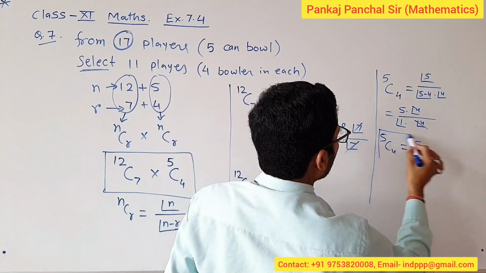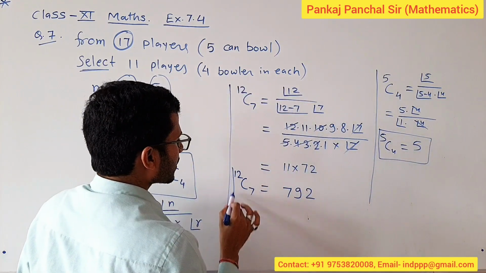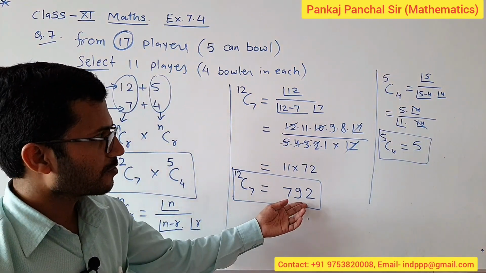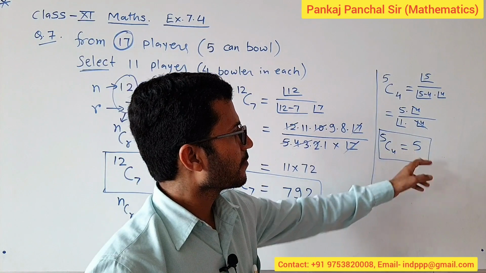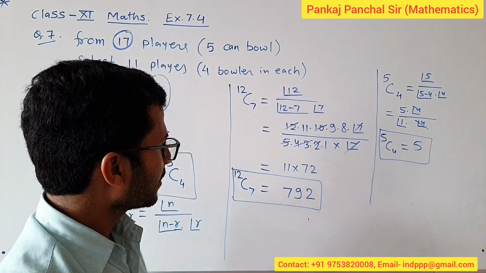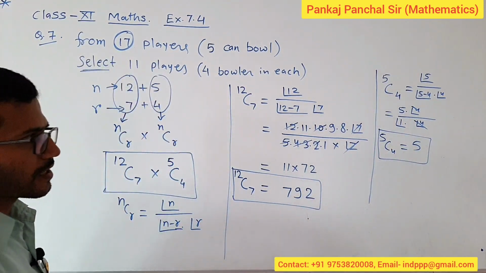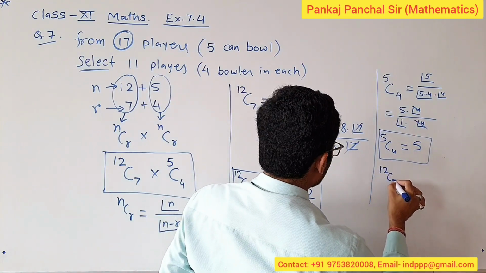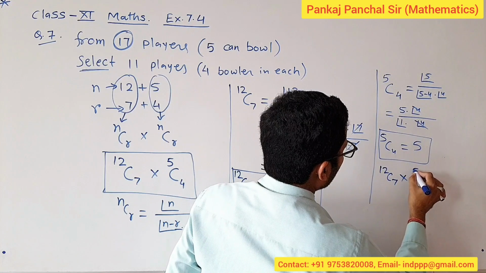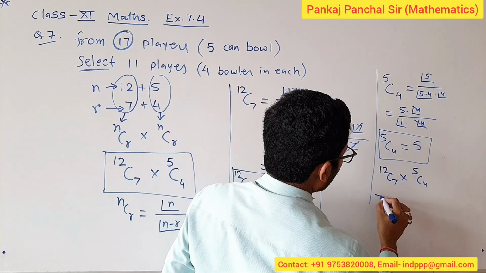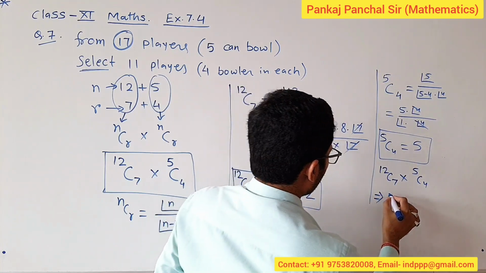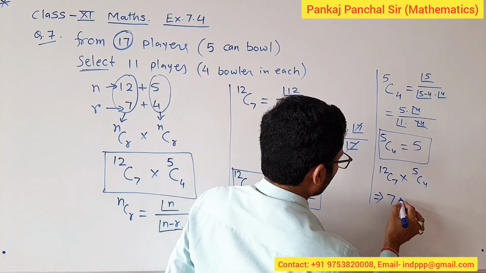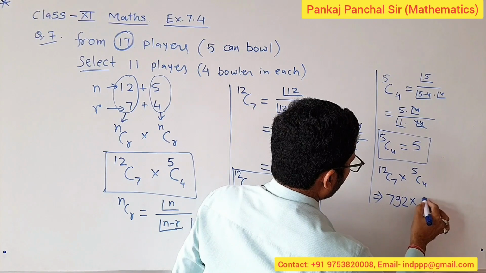Now you have both values. For our final answer, total selection of 11, 7 we can find this way and 4 this way, so just multiply them. 12C7 into 5C4 will give 792 into 5.